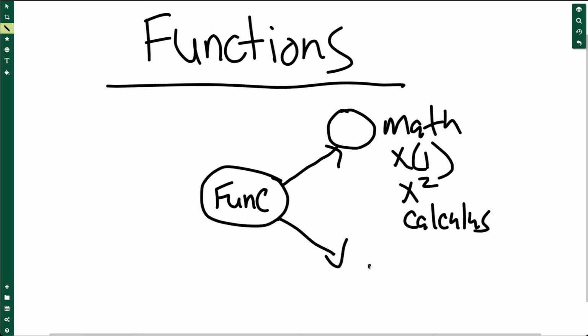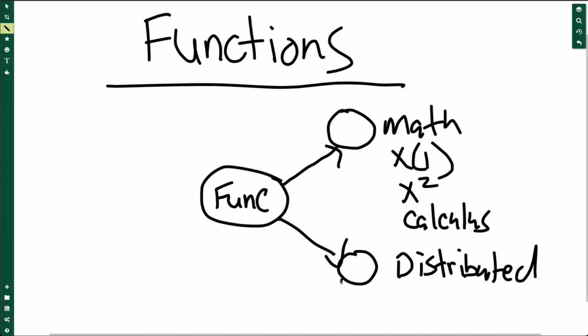Another one is the ability to do parallel computing. So distributed computing is a use case where you'll see functions used all the time. And in particular, you'll see this with the multiprocessing module in Python. There's the ability to map a function to a process, or in the case of asynchronous code.